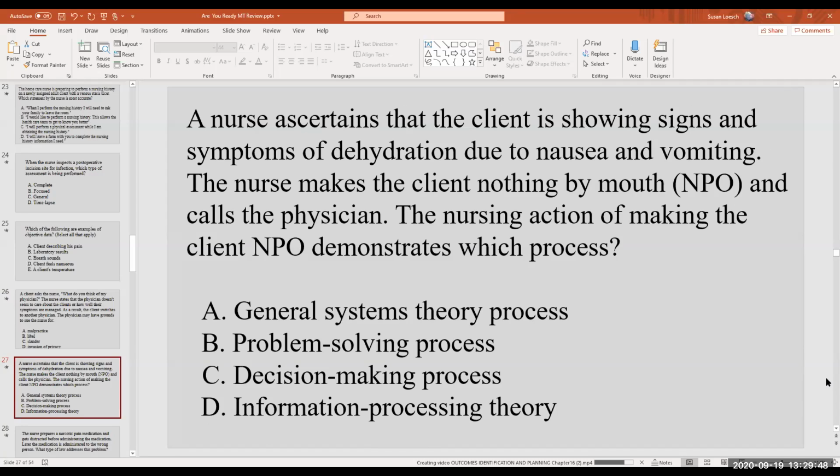The nurse ascertains that the client is showing signs and symptoms of dehydration due to nausea and vomiting. The nurse makes the client NPO and calls the physician. The nursing action of making the client NPO demonstrates which process?